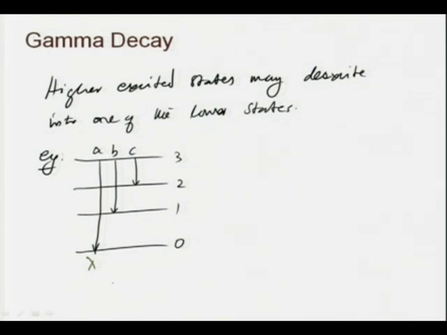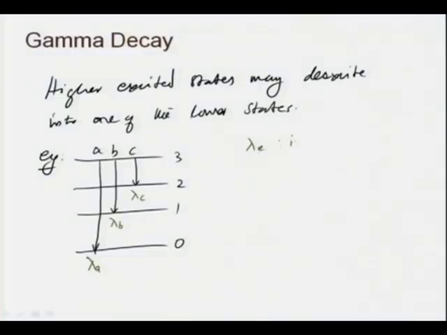We will not go into those details, but let me denote the probability for process A, the de-excitation into the ground state, as lambda A, the de-excitation to the first excited state as lambda B, and the probability for de-excitation into the second excited state as lambda C. And then there is also a probability for internal conversion. The probability for internal conversion is also many-fold: emitting a K shell electron, an L shell electron, or whichever other shells.